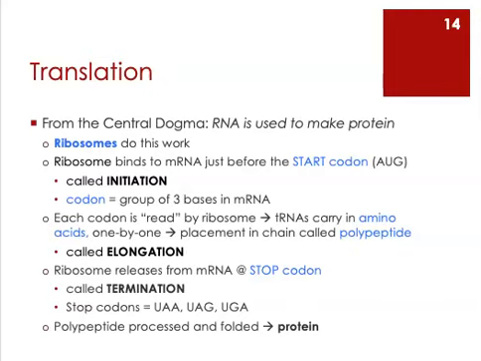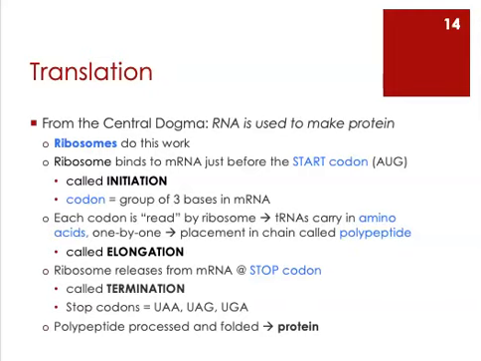It lands there, and then it begins this process of traveling down the messenger RNA and reading each group of 3 bases, each codon, and decoding that codon so that an amino acid can be chosen for that location according to the code.